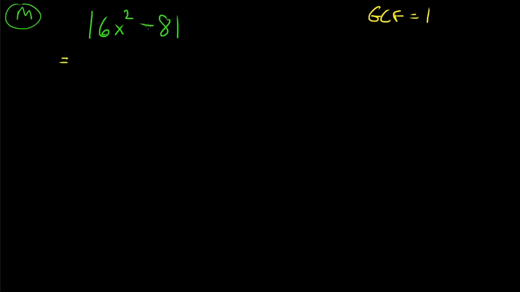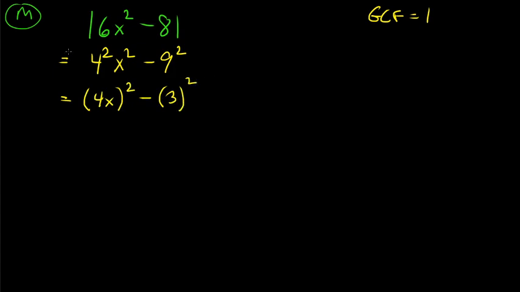And at this stage, you know it's a difference, and it is a difference of perfect squares. 9 times 9 is 81. So this is 4x quantity squared minus 3 quantity squared. It's the difference of 2 squares, a squared minus b squared.